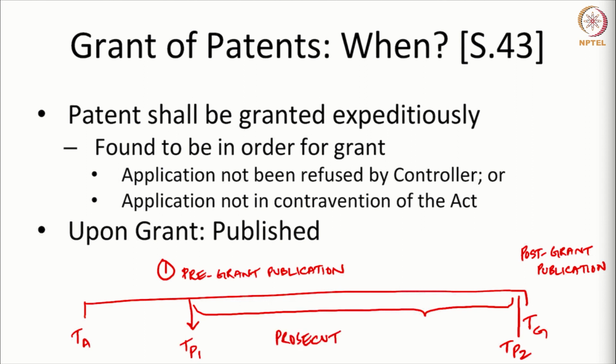The patent office raises objection and the patent applicant overcomes it. So when it is ready for a grant, at this point TG, the second publication happens, TP2. So this is the second publication, the post-grant publication. So there are two kinds of publication: pre-grant publication and post-grant publication.